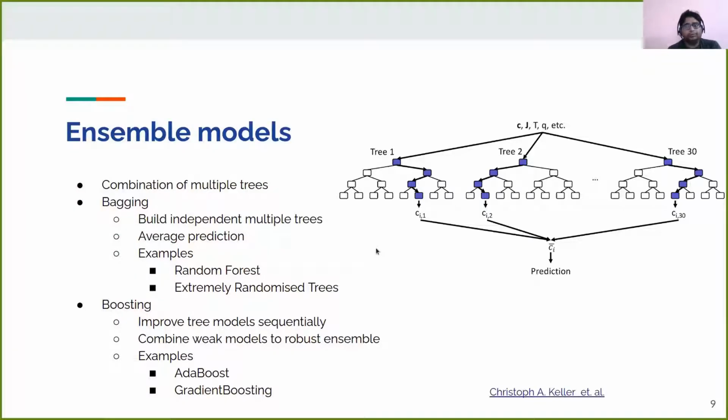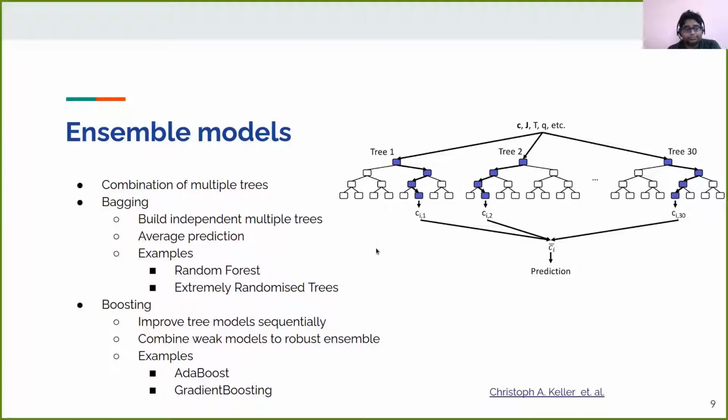To avoid the problems of using these decision trees, we have ensemble models. Ensemble models are nothing but a combination of many different trees. There are two approaches to ensemble models: bagging and boosting.